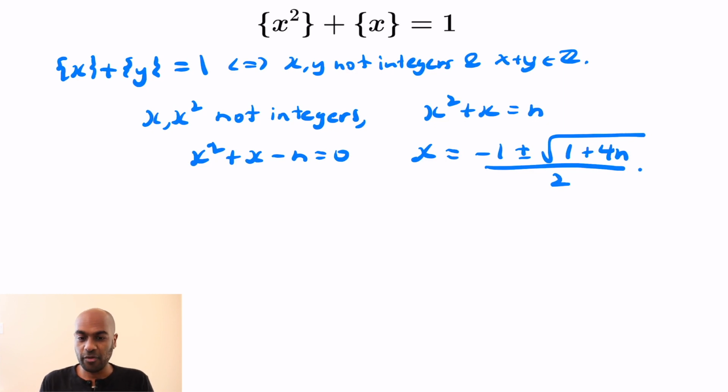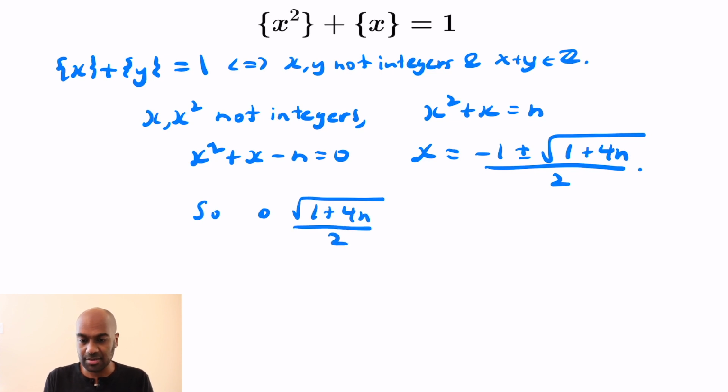Okay, so we're forced to have these two things not be integers, x and x squared, right? And we have the situation that x squared plus x is actually an integer. So if we want x to not be an integer, right now it's -1/2 plus or minus some quantity, which is the square root of 1 plus 4n all over 2. So what we need is for this to not be half an integer.